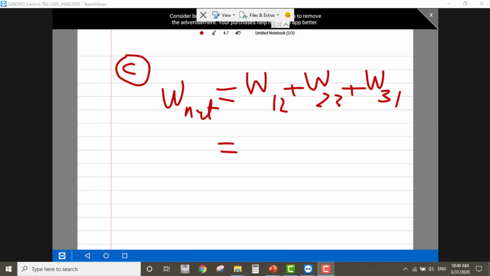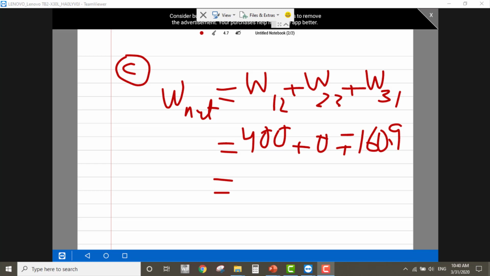Work 1 to 2, which is 400 kilojoule, plus 0, plus or minus 160.9, and W net from here equal to plus 239.1 kilojoule. And this plus means what? Means work done by the system. So the net work is done by the system.